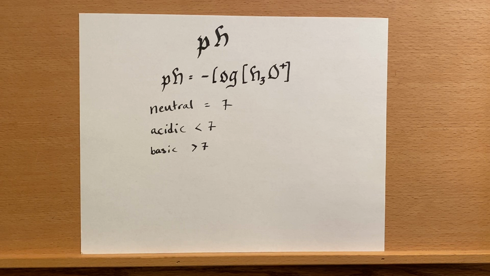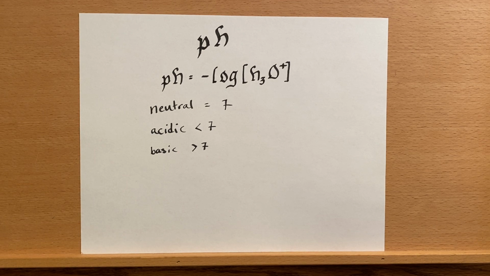And then you start moving up to some actual stronger bases like ammonia and some of the other less soluble hydroxides. Those can be about a pH 10 or 11.